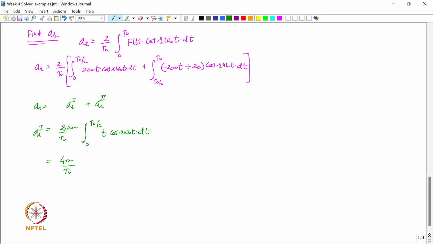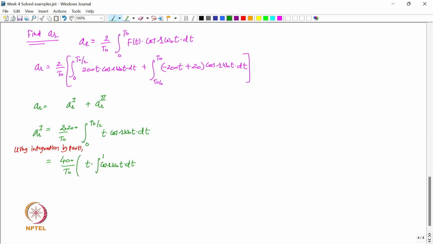So using integration by parts, I have the first function, t, times the integration of the second function, that is cos r omega naught t dt, correct.